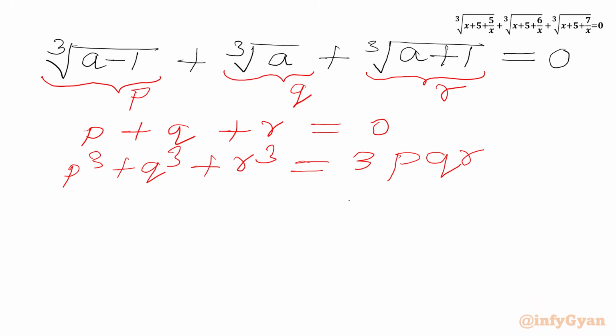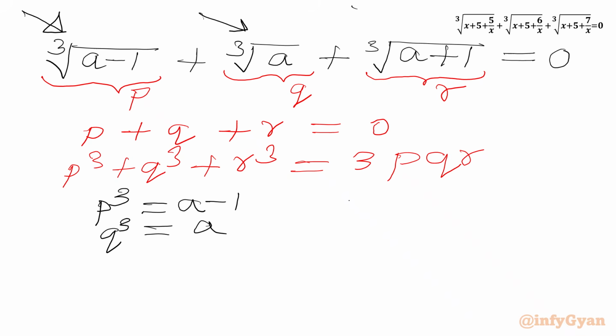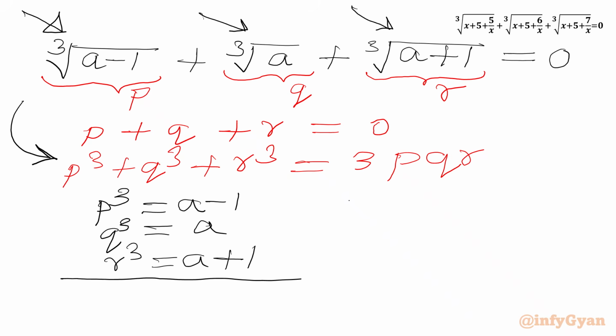Now we have to find p cube, q cube, r cube as per our substitution. So after cubing both sides, we will get p cube equal to a minus 1. After cubing cube root a equal to q, we will get q cube equal to a. And once we cube here, we are going to write r cube value a plus 1. Then as per our requirement, we need to add these three equations.